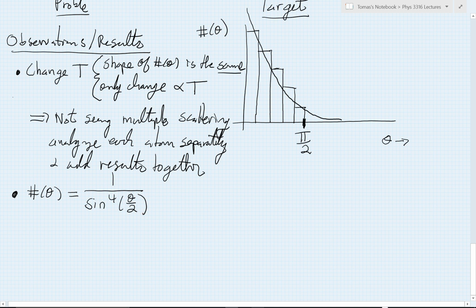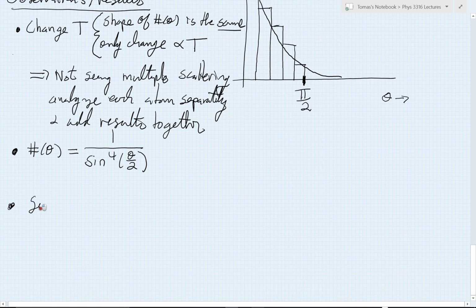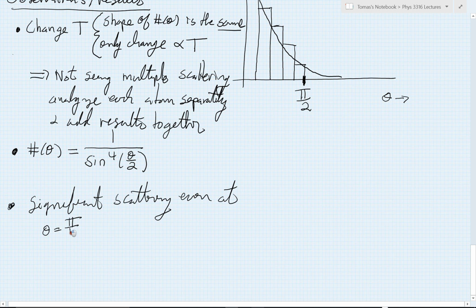My third observation from this really isn't a major additional observation. It's just something I want you to keep in mind, that we see significant scattering at a lot of angles, even at, say, I'll just pick an angle like theta equals pi over 4, which just happens to be a favorite angle of mine.